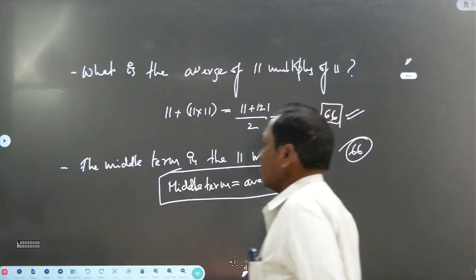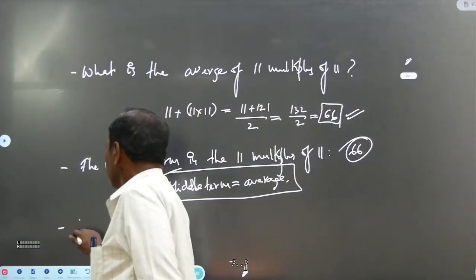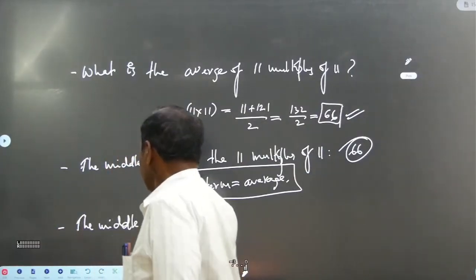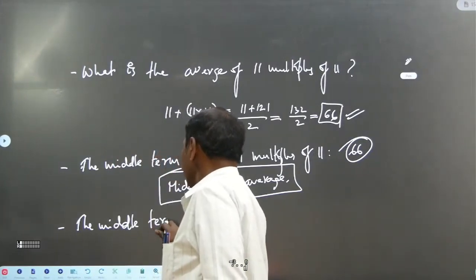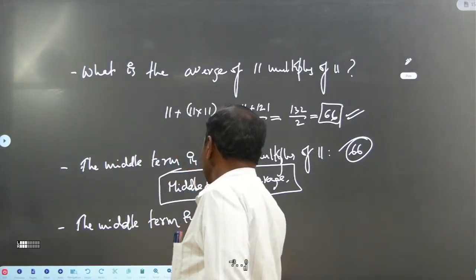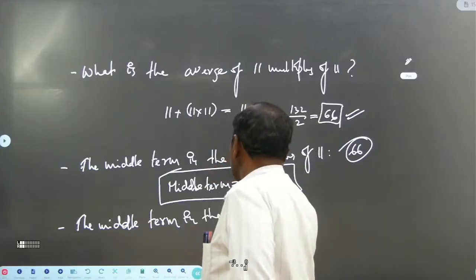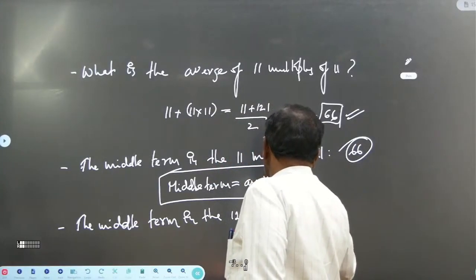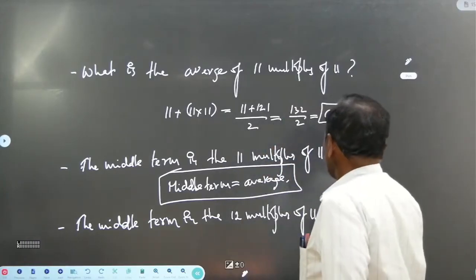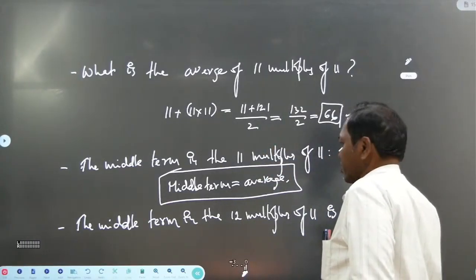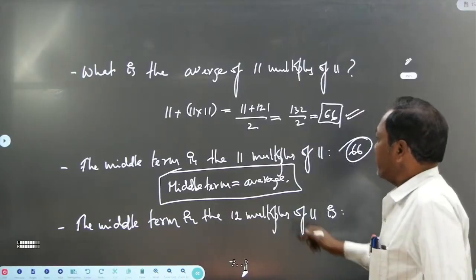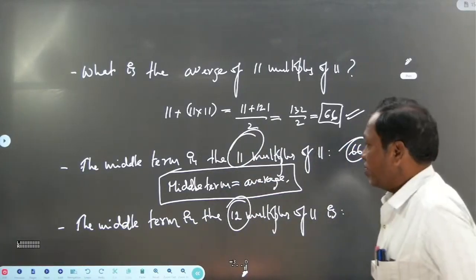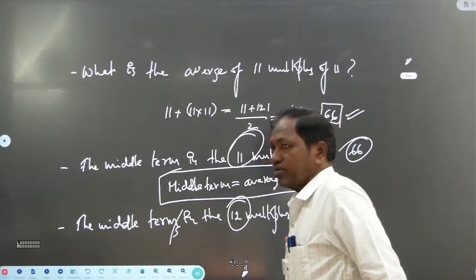But the middle terms in the 12 multiples of 11. We have taken 11 multiples here, and there are 12 multiples here.